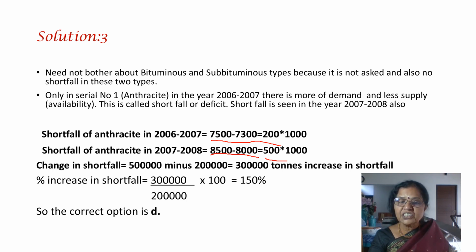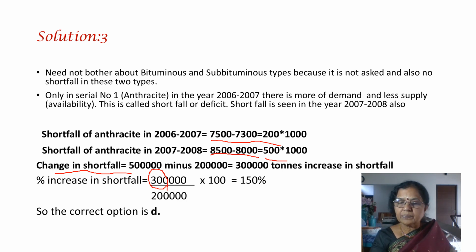So what is the change in shortfall? Change in deficit is this 500 minus 200, which is 300. So this is the difference. This is the change in deficit. Shortfall is deficit. So what is the change in deficit? 300,000 tons. The deficit increases.